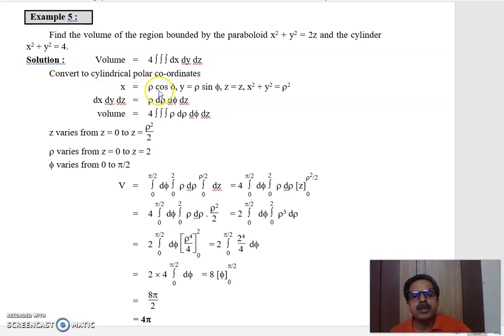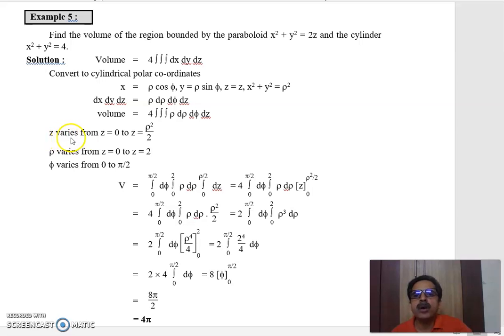We use here cylindrical polar coordinates, that is x is rho cos phi, y is rho sin phi, and z is z, so that x square plus y square is rho square, and the product dx dy dz becomes rho d rho d phi dz. So convert this triple integral into cylindrical polar coordinates, and these are the standard limits.